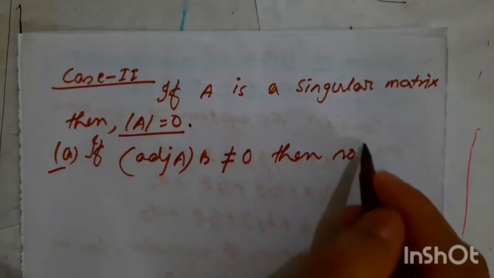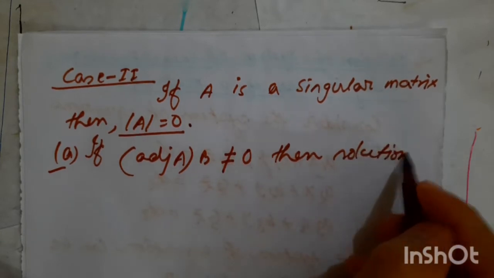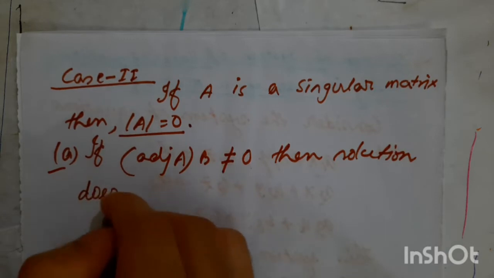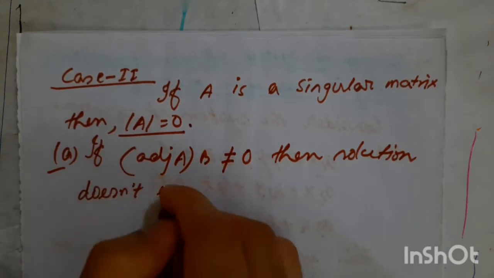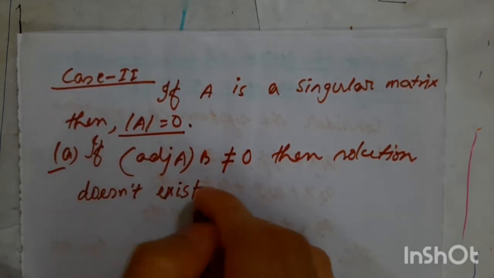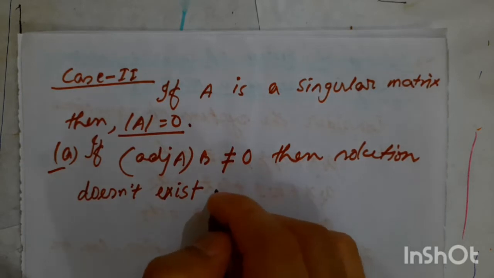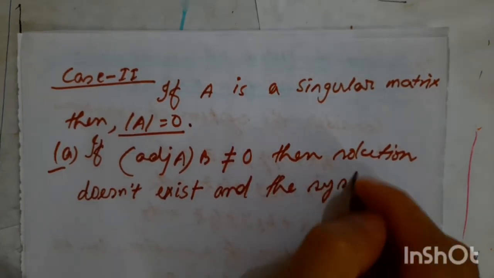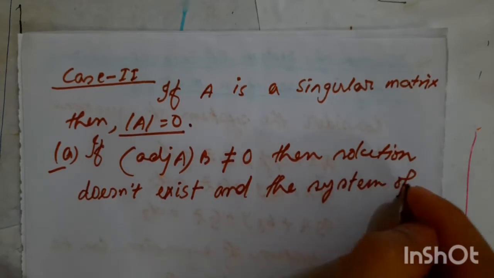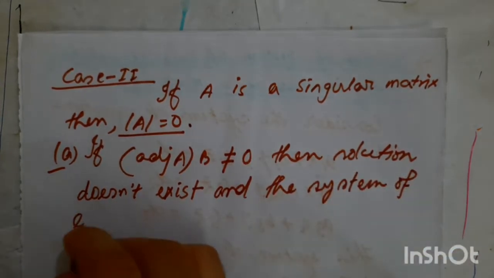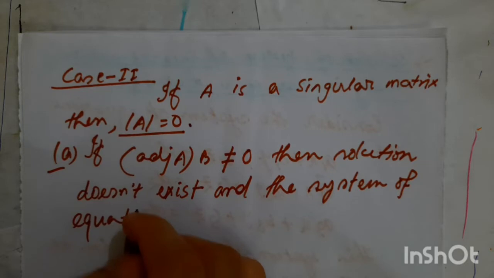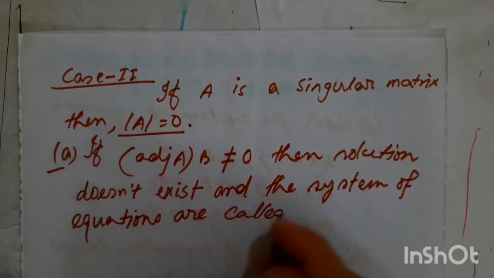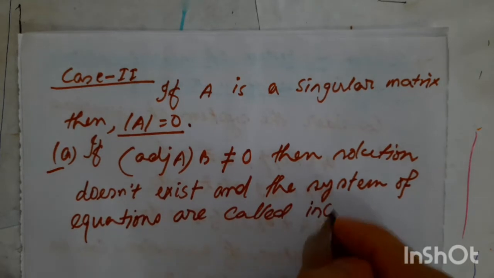then the solution does not exist and the system of equations is called inconsistent.